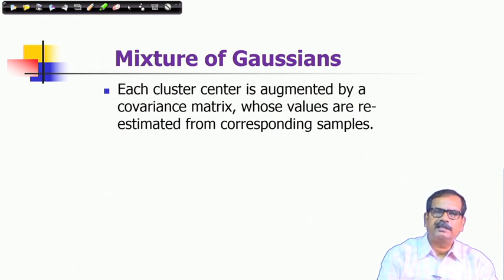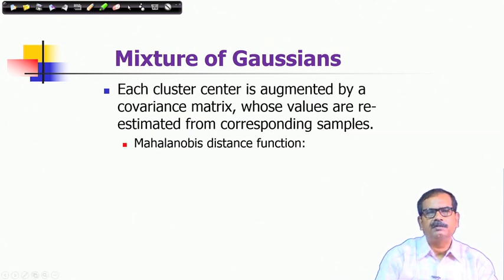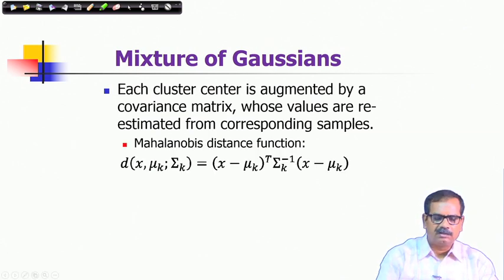It is not that the center is just the mean of the data, but let us consider that you are also using its covariance matrix, and at every iteration you are updating the corresponding means and covariance matrices, and the distance function could be a Mahalanobis distance function. This is the expression for the Mahalanobis distance function. As you can see, it takes into consideration the covariance matrix also, not only the mean.